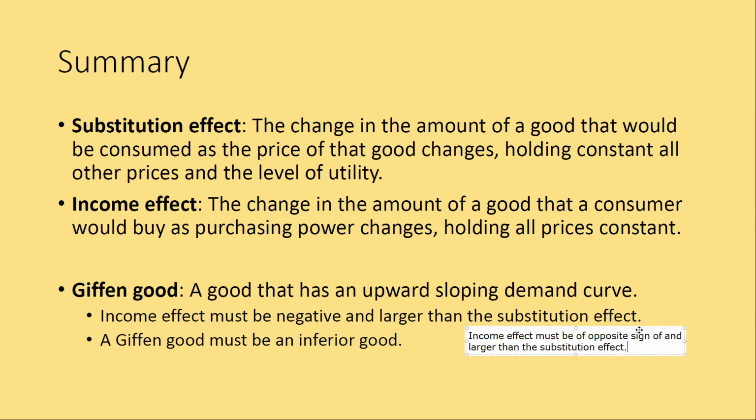I put negative because the example I've been using is when the price decreases. So here, it should actually be that the income effect must be of the opposite sign and larger than the substitution effect for the good to be a Giffen good. This should replace the first line.